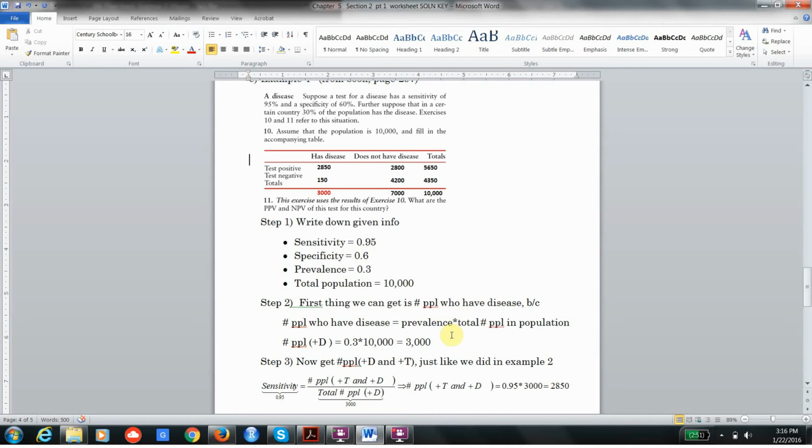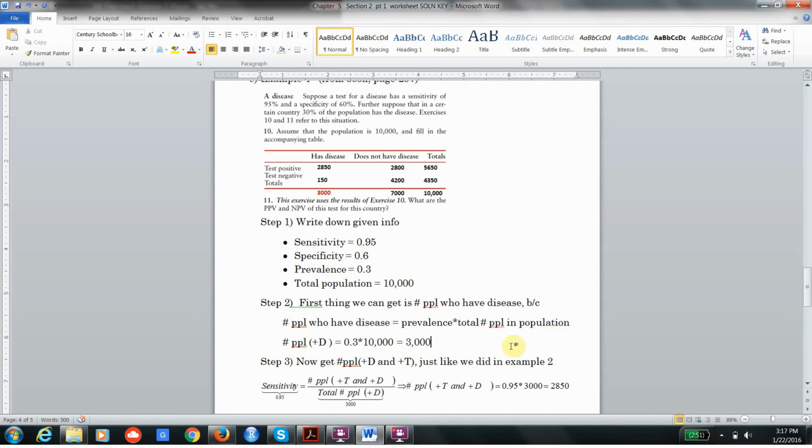And if you're not sure about how I got that, think about what the prevalence is. The prevalence is the percentage of people in the population that have the disease. So the prevalence is equal to the number of people that have the disease divided by the total number of people in the population, right? And I'll find the same result if I take that train of thought.